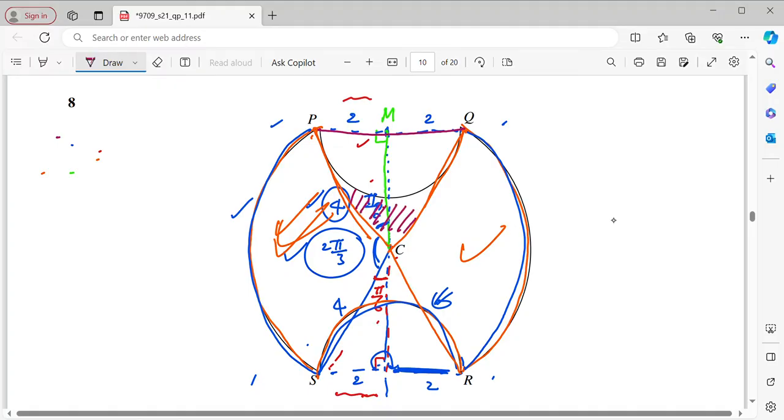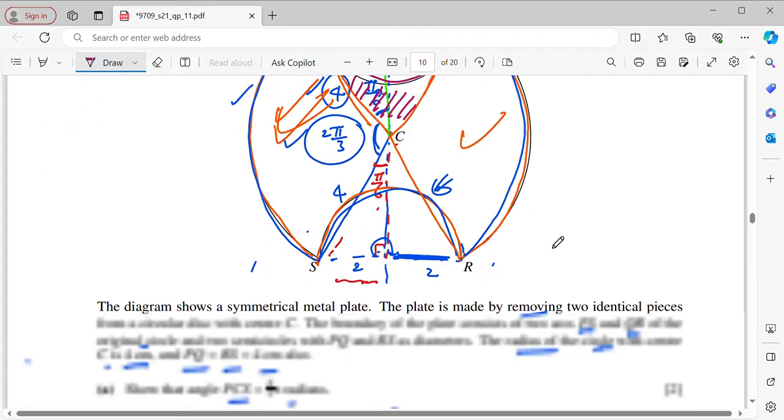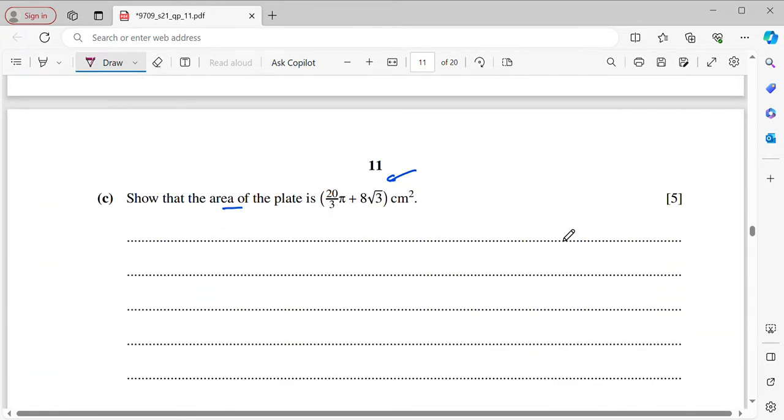When you want to get this, it will be the area of the triangle PCQ minus the area of this semicircle. For your information, this is the sector, and its area is half r squared theta.